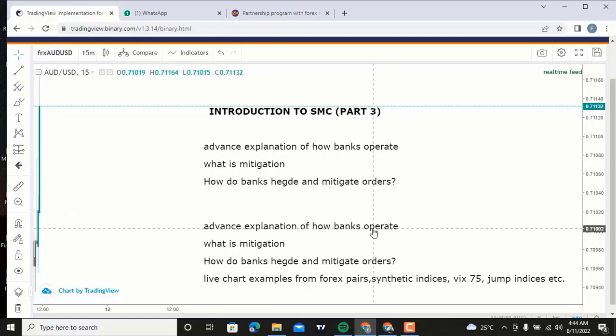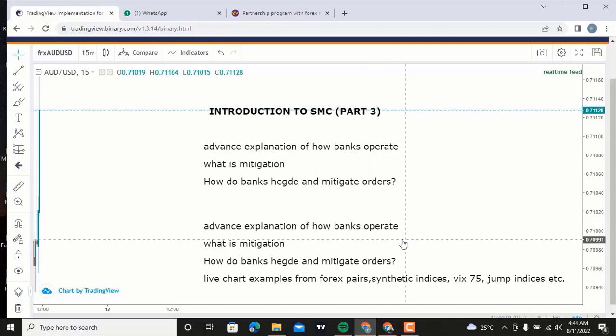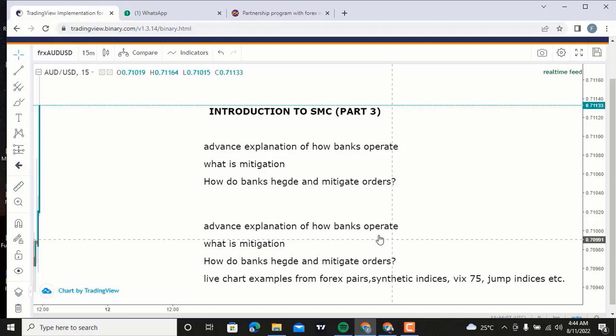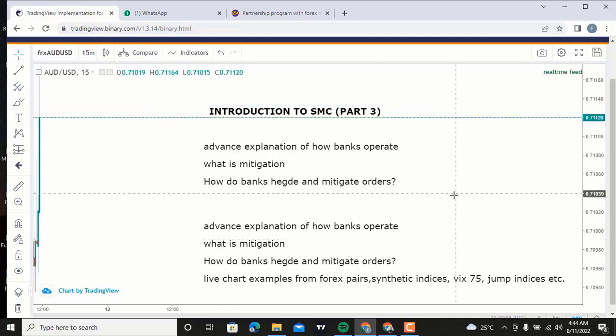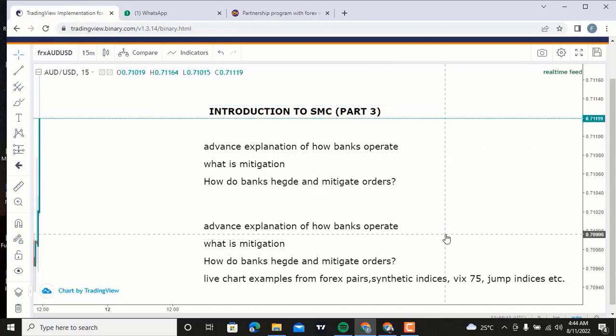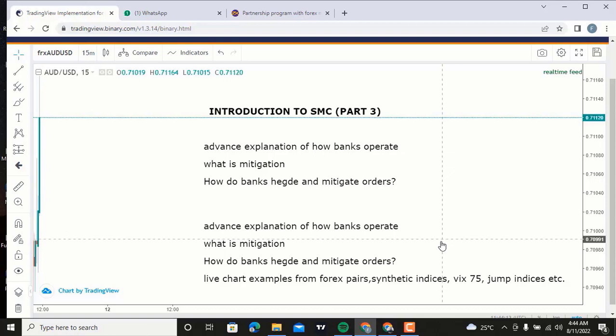At the end we are going to see live examples of liquidity grab scenarios, as well as mitigation scenarios in our charts. I'm going to use VIX75, Jump Indices, and forex pairs to show you how.